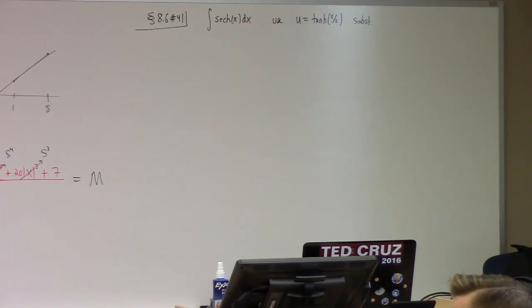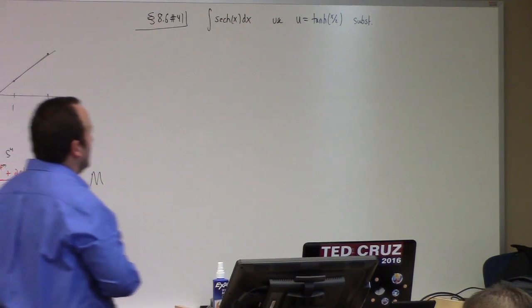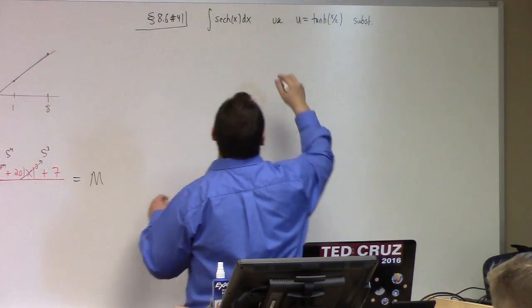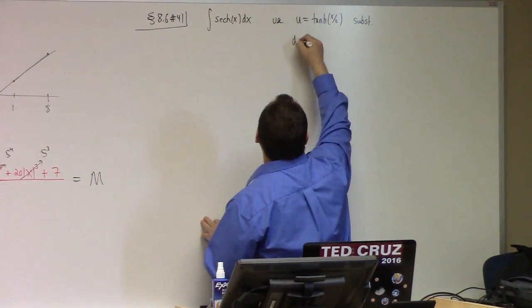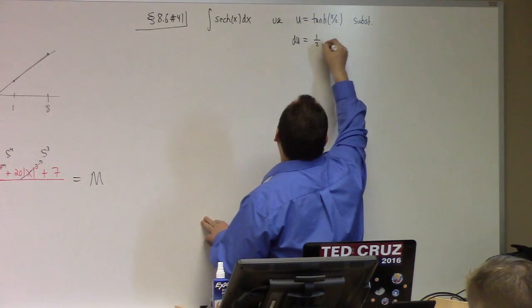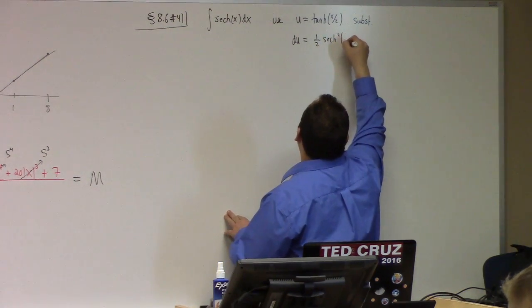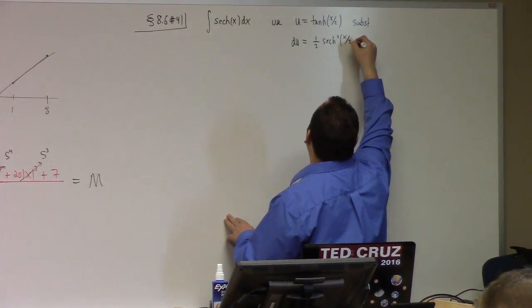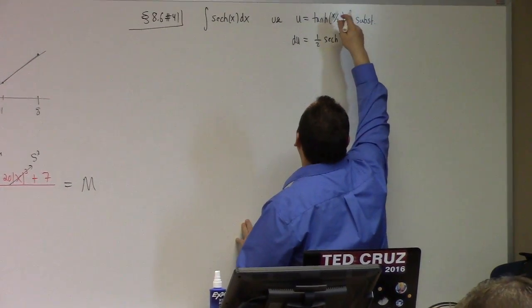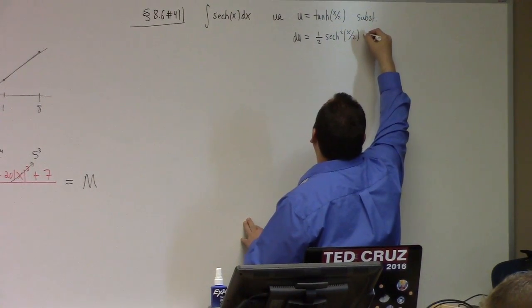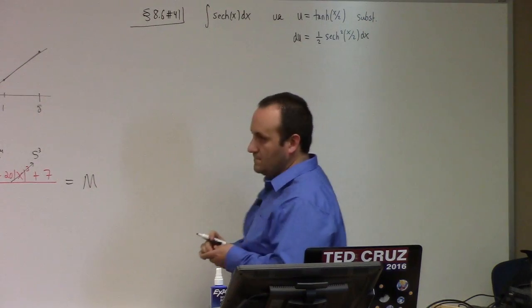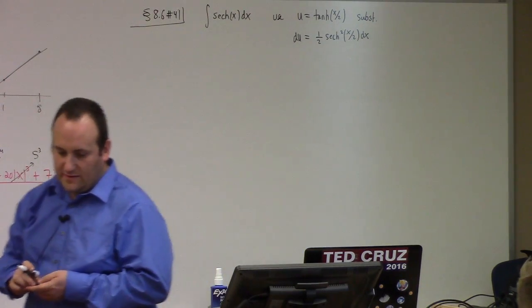Well, it's a homework problem, so let's work it out. So du is what? 1/2 hyperbolic secant squared of x over 2 dx, right? I expect you'd be able to differentiate hyperbolic functions and work with them. That's not terribly useful yet.